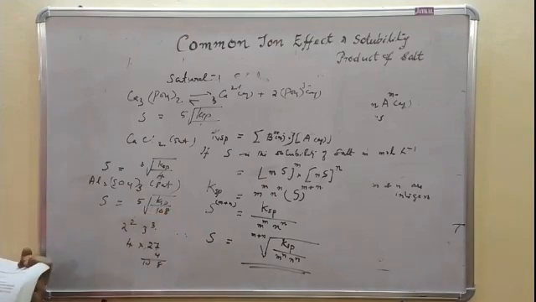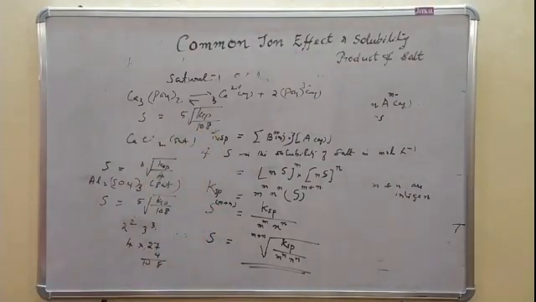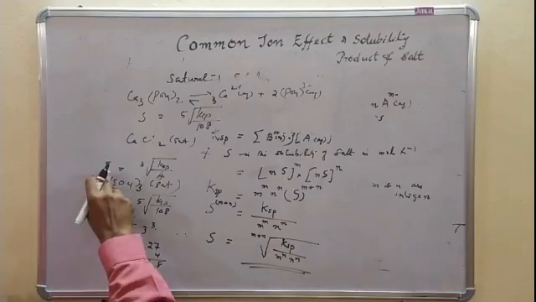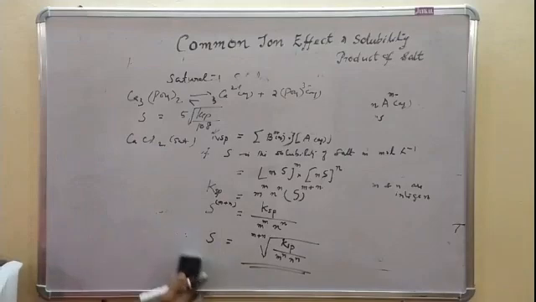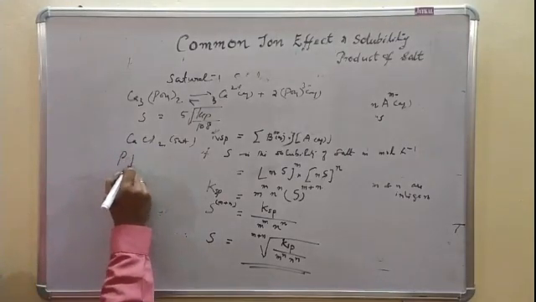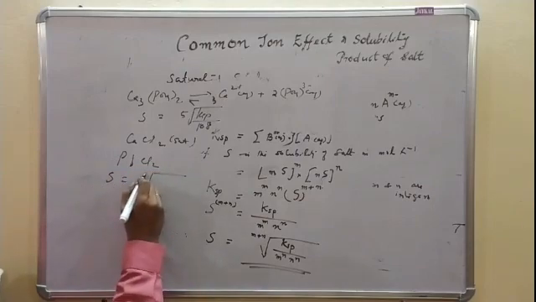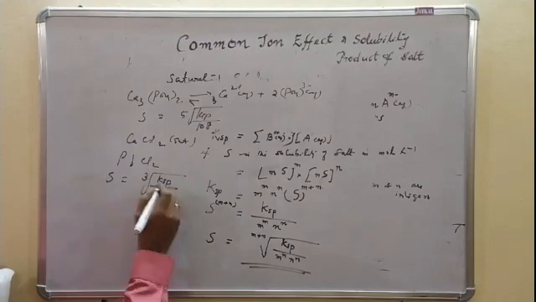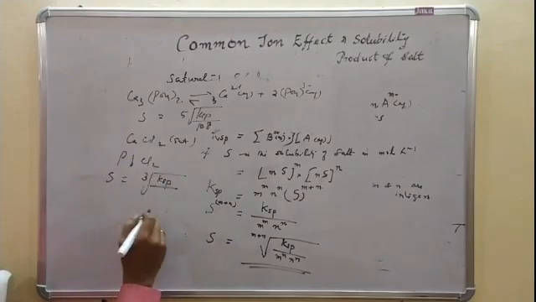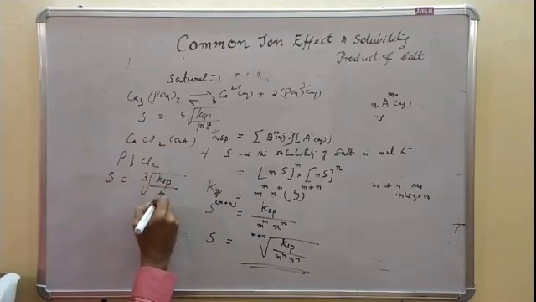So the value in this case is 108. In the case of calcium chloride, lead chloride, PbCl2, etc., we have solubility equal to the cube root of Ksp by m raised to m into n raised to n, that is 1 raised to 1 into 2 raised to 2, equal to 4. Okay, like this.